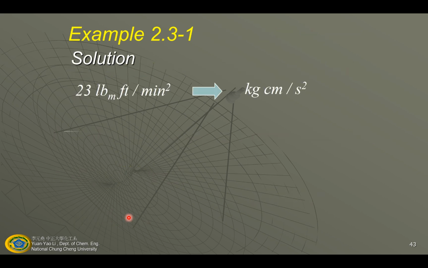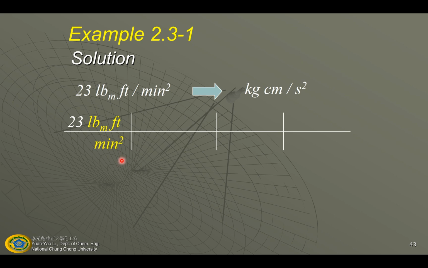So let's do it. You have 33 pound mass times feet, and you have minute square. First of all, you do the pound mass. You need to change it to kilogram. As I just told you, you need to remember this: 1 pound mass equal to 0.454 kilogram.